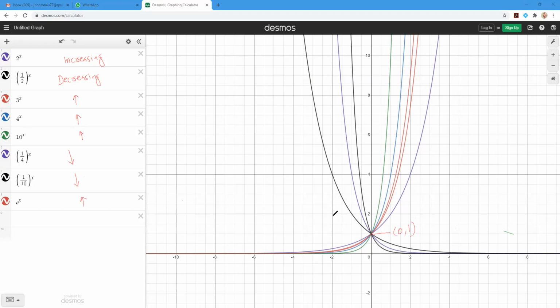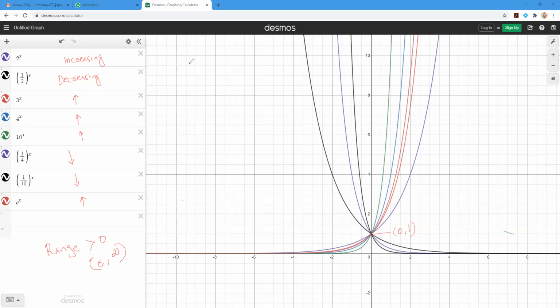So all graphs will pass through the point 0, 1. That is one specialty. And you can see that the range is always positive. It is the set of all real numbers greater than 0. Understood? So this is the basic shape.